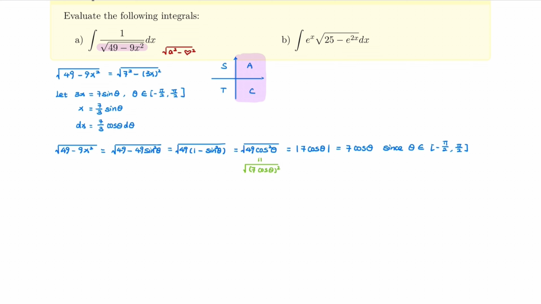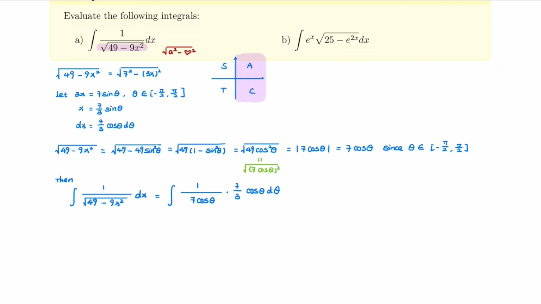Alright, now I can change my whole integral. My integral of 1 over the square root of 49 minus 9x squared dx becomes 1 over 7 cosine theta, since the square root is gone. Then we replace dx with 7 over 3 cosine theta d theta.